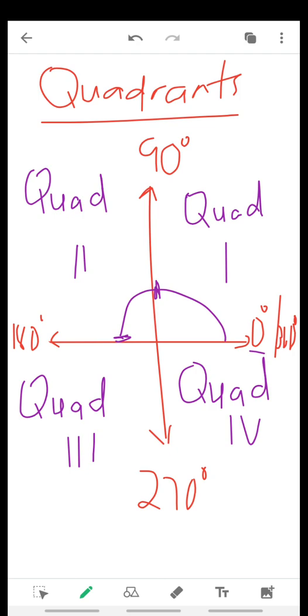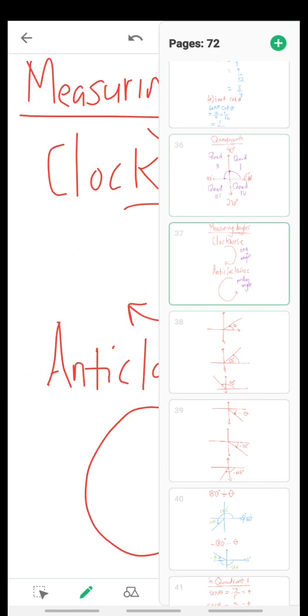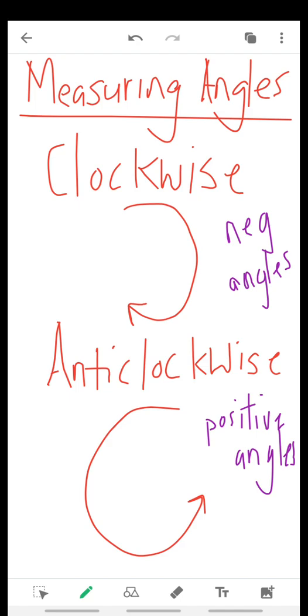Now, this is very important for you to know because it will apply in the next slides, okay? When we measure angles, you need to be very, very careful of your direction, okay? Your movement is very important in trigonometry when we are dealing with the measurement of angles, okay?